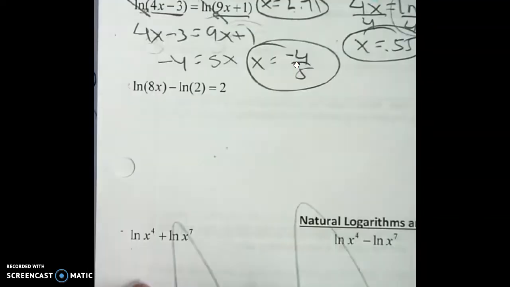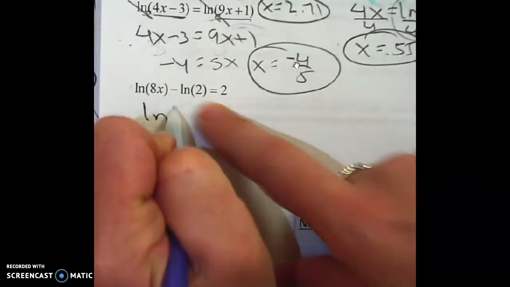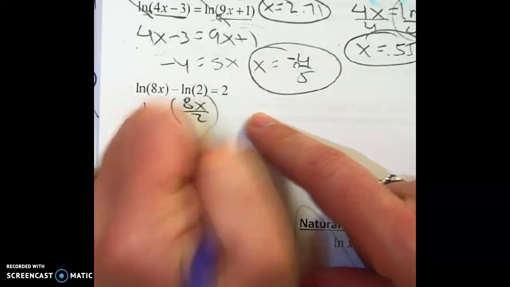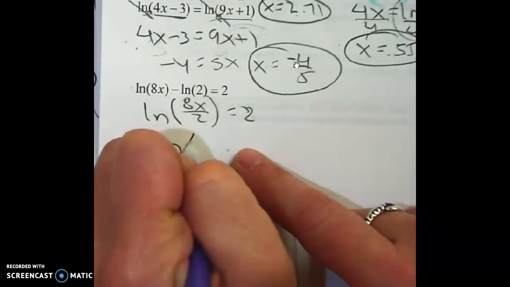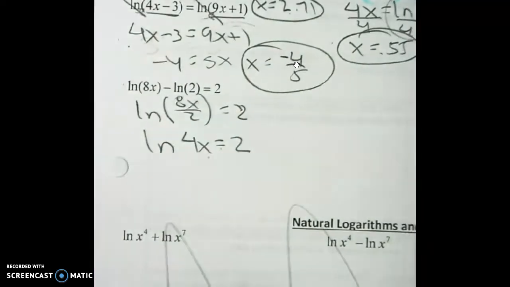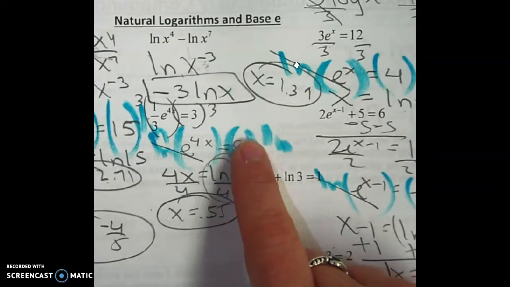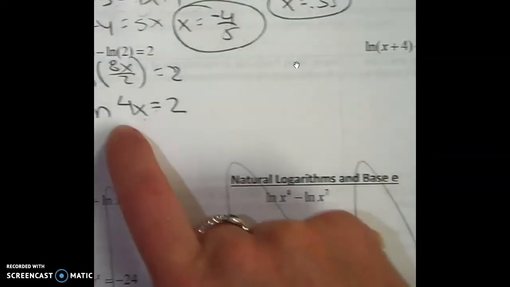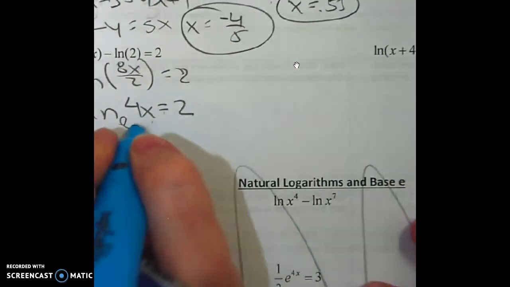I'm actually going to jump down to this one because it's convenient. All right, what does subtraction mean? Subtraction means divide. I can divide that. All right, so before, when we were in base E, we natural logged both sides. This time, we're in natural log, so we're going to change it to exponential form.